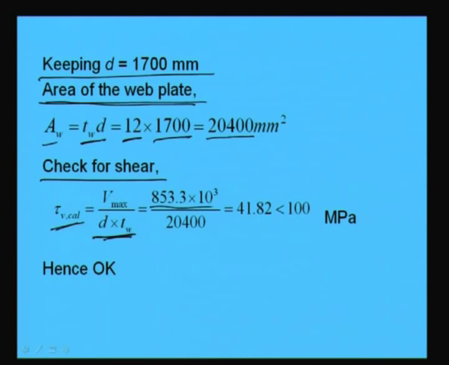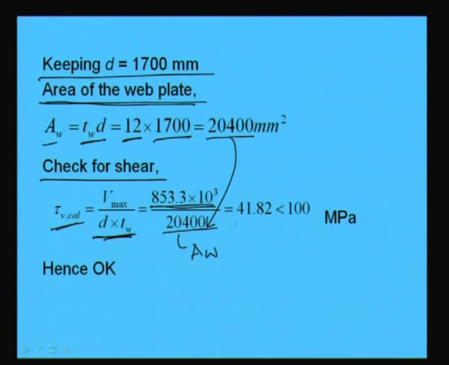V max we have already calculated, the maximum shear force, that is WL by 2, 853.3 into 10 cube Newton, and d into tw is nothing but Aw, which is calculated here as 20400 millimeter square.